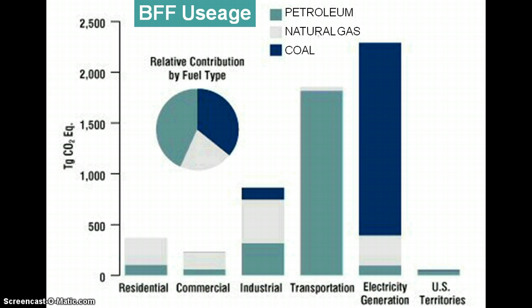Industry. So natural gas is mainly used to manufacture goods. What's its second use? Electricity. So number 1 is industry, number 2 is electricity.